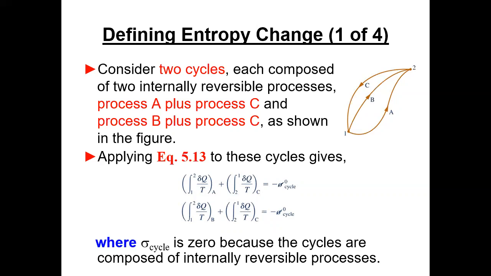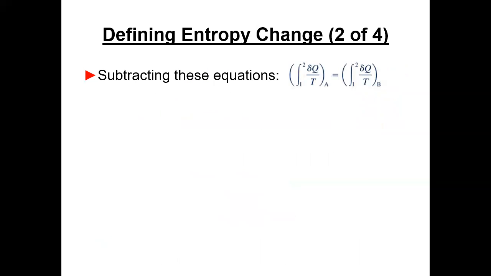So that's the setup, and then what we're going to do is subtract the second equation from the first equation. Okay, so we'll just multiply that bottom equation by -1. So we got minus the first integral minus the second integral equals a -0, which doesn't matter. And then we add those 2 equations together, and bingo, what do you get?